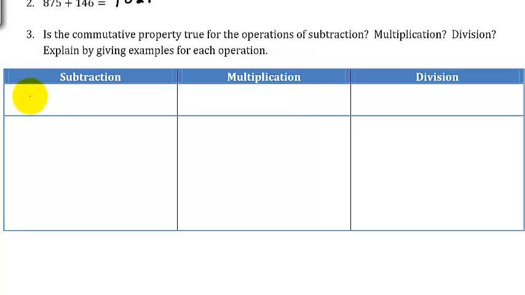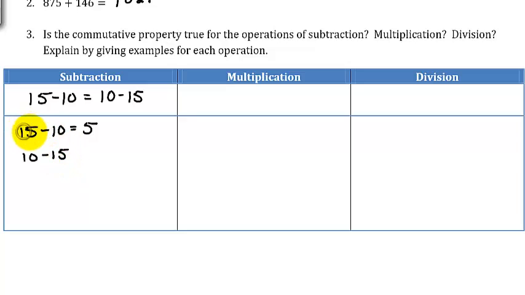Okay, for subtraction, the example that I'm going to do is 15 minus 10. Is this equal to 10 minus 15? So when we do 15 minus 10, we get 5. But now if I do 10 minus 15, it's like you have $15 and you owe somebody 10, and so when you give them 10 of the $15 that you have, you still have 5 left over.